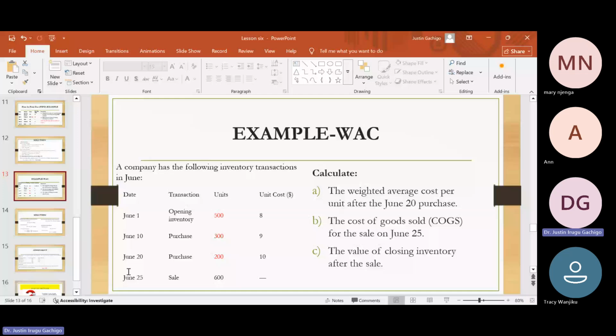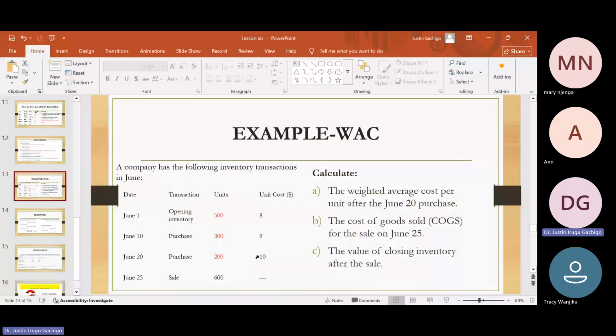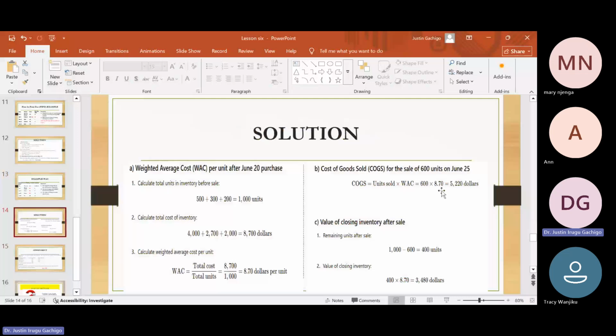Then the weighted average will be the total cost divided by 1,000, which is $8.7. Then the cost of the issue: we have issued 600, so you multiply that 600 by the weighted average cost.